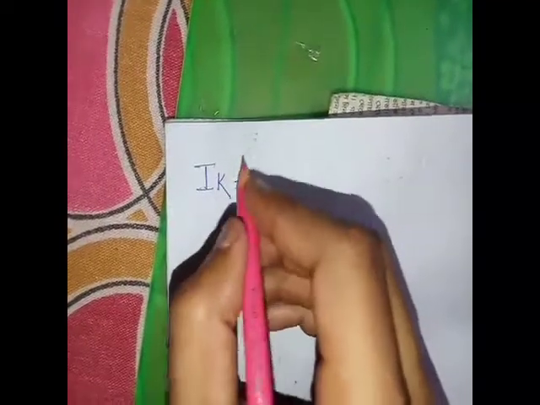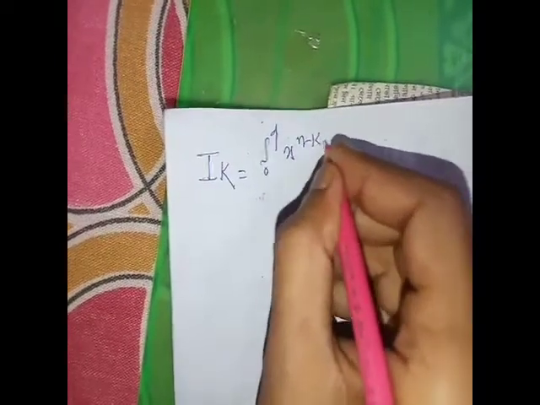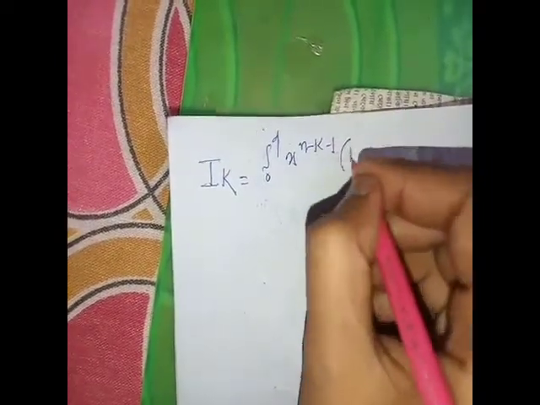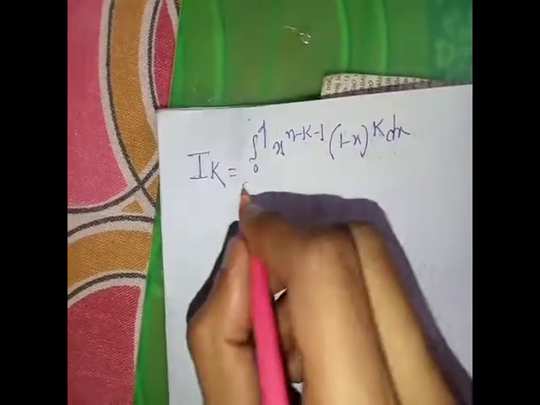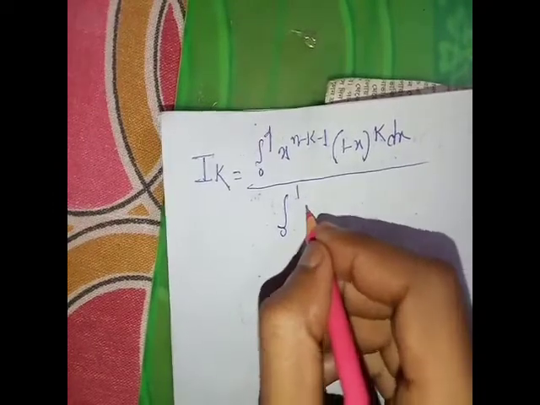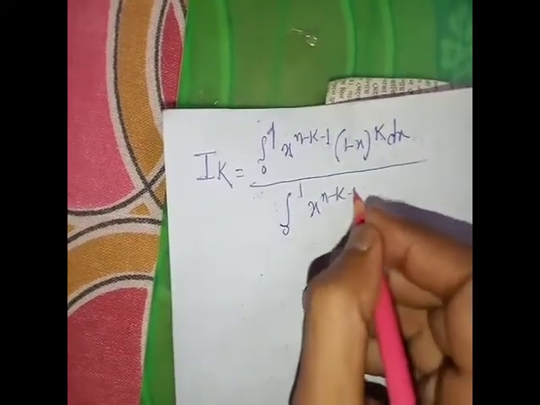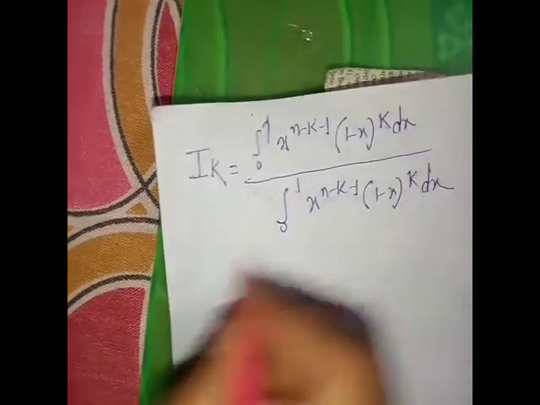Ik equals the integral from 0 to q of x to the power n minus k minus 1 times (1 minus x) to the power k dx, divided by the integral from 0 to 1 of x to the power n minus k minus 1 times (1 minus x) to the power k dx.